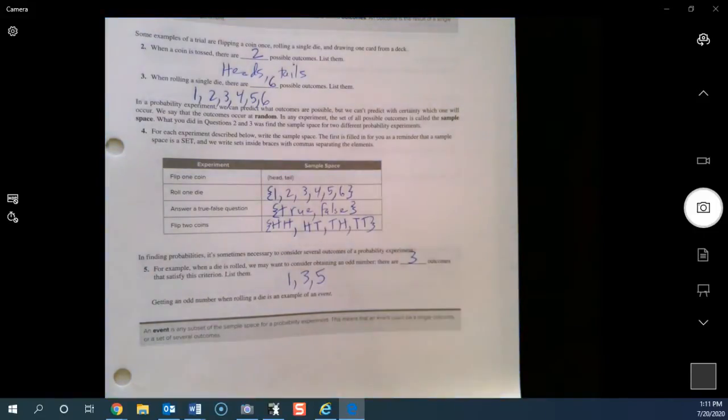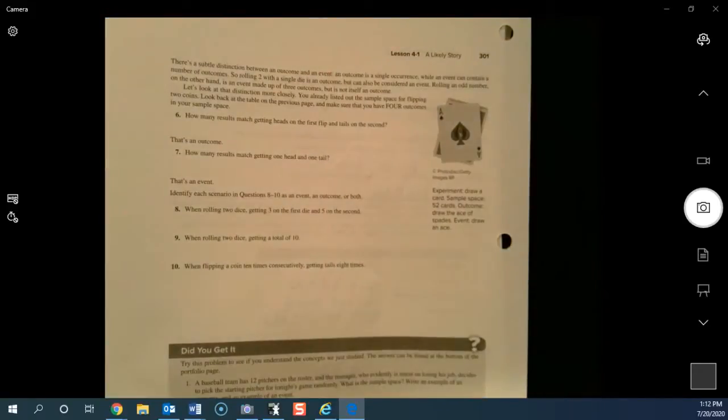Now it says here, getting an odd number when rolling a die is an example of an event. Now, an event is any subset of the sample space for a probability experiment. This means that an event could be a single outcome or a set of several outcomes. Now, there's a subtle distinction between an outcome and an event.